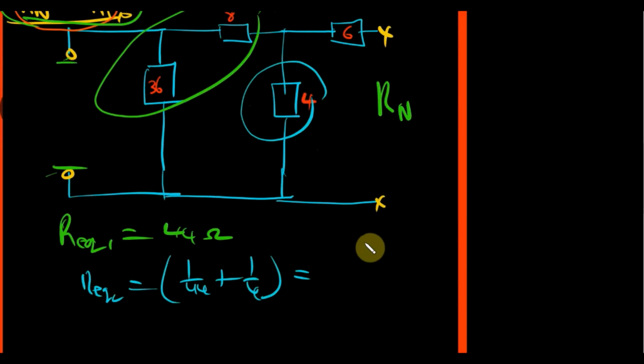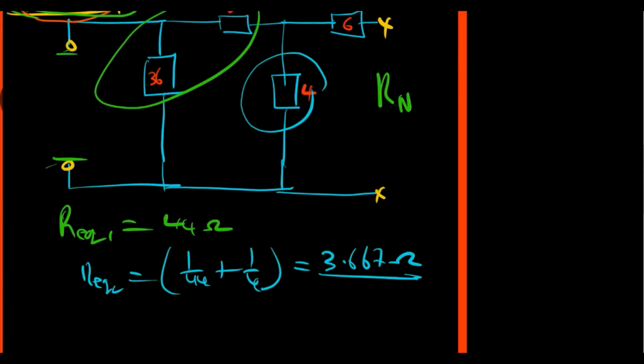That gives me 3.667 ohms. Just make sure: 1 over 44 plus 1 over 4, 3.667. Alright.